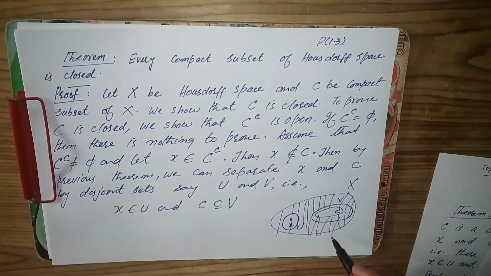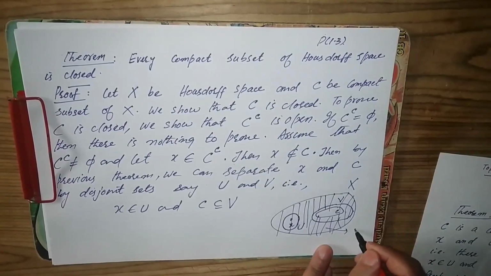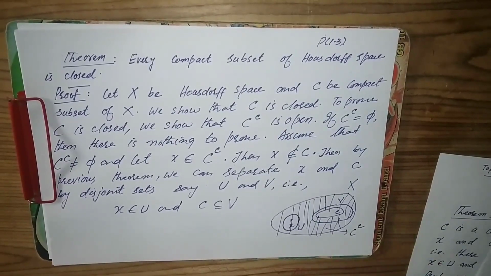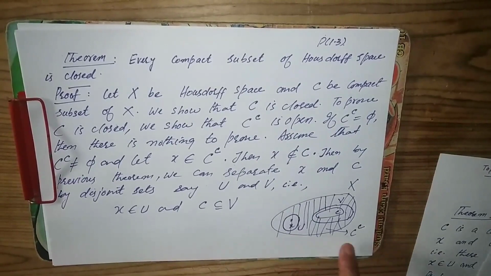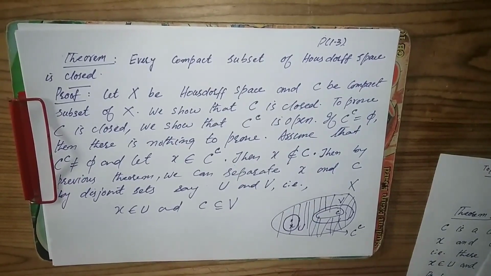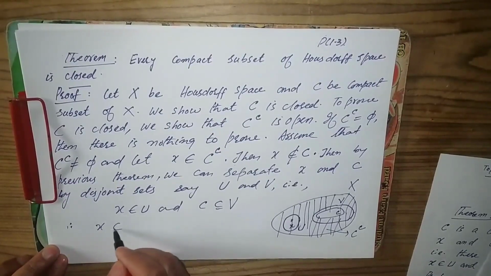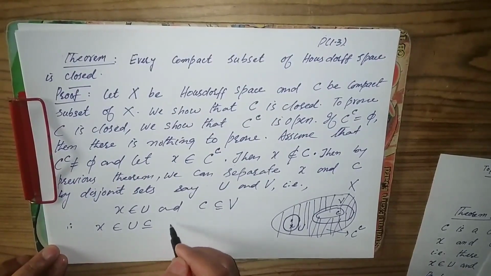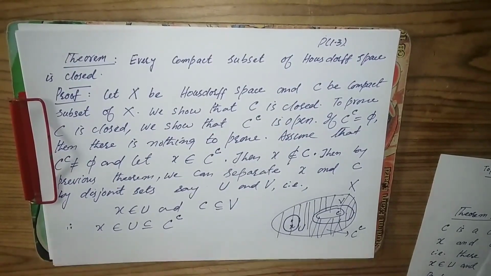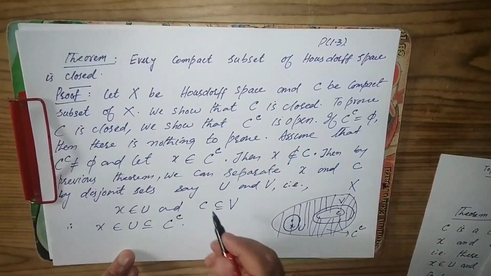This shaded region is C complement, and you can see that U is a subset of C complement and x belongs to U. So therefore x belongs to U and U is a subset of C complement.